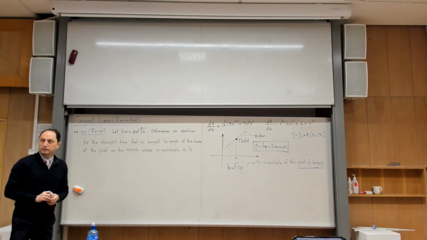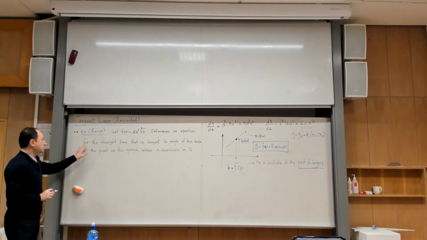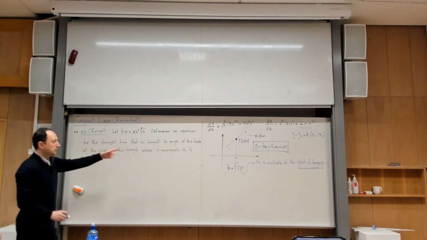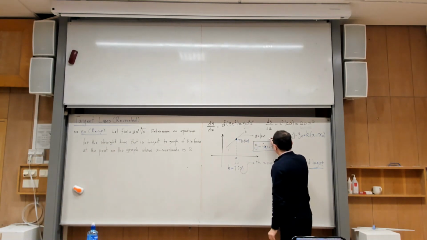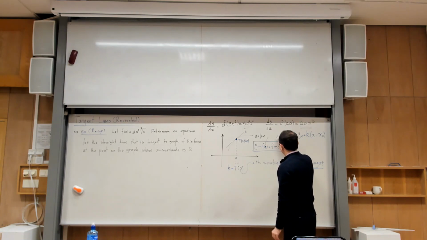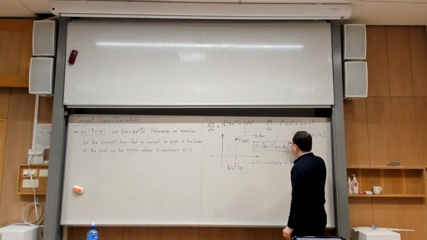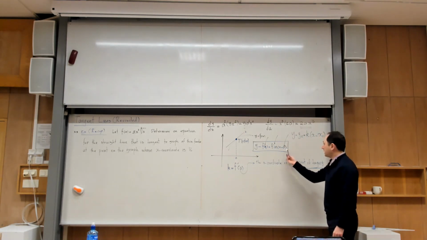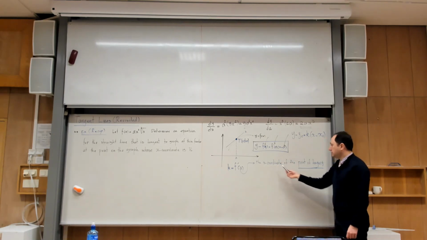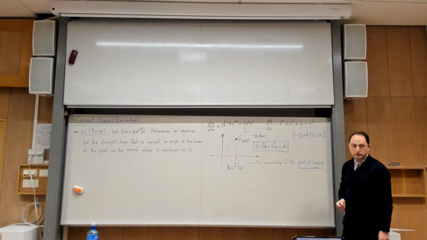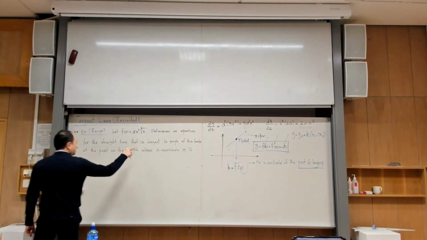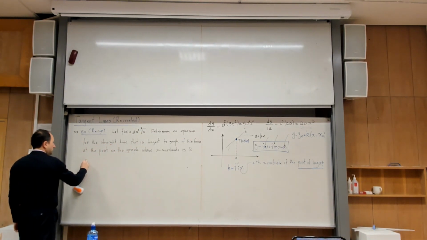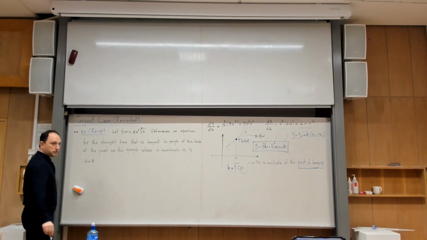Okay, so what I have to do, if I want to find an equation for the straight line, it is on the board. I need to put a number for f of a, I need to put a number for f prime of a, I need to put a number for a. And if I ask you what a is, I have mentioned here, it is the x coordinate of the point of tangency. So if you read the problem, you realize that what is playing the role of a in this problem is 8, yes?